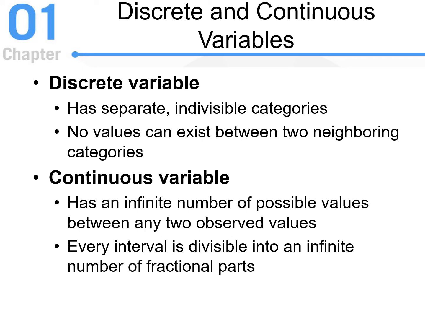So GPA would be one. Your average on a test would be a continuous variable. You can have all kinds of fractional components there. Your weight and your height could be continuous as well because you have many different values.